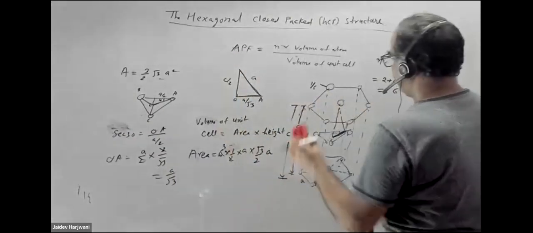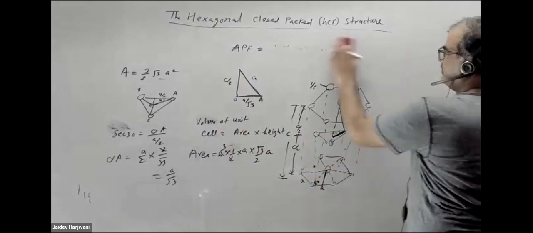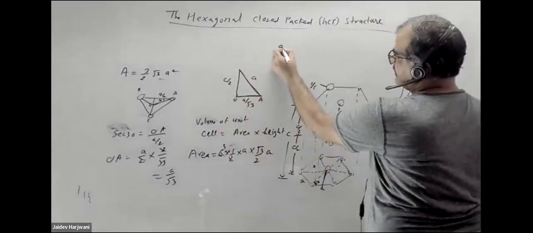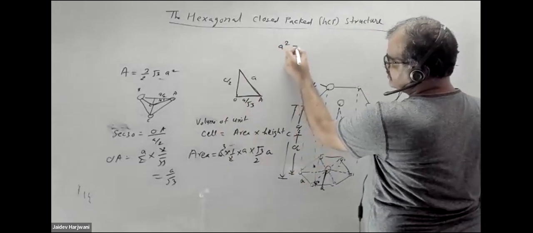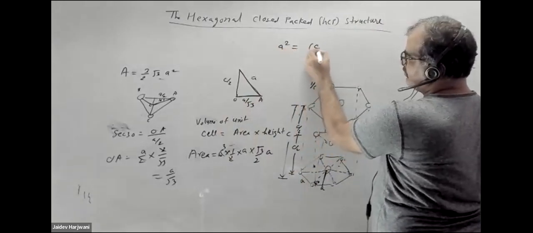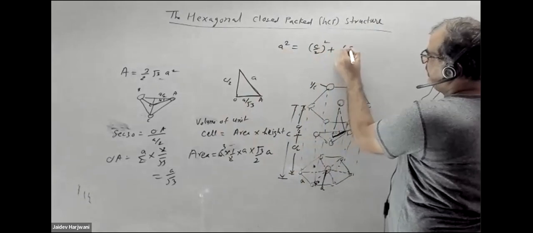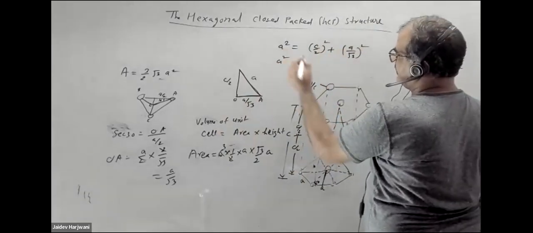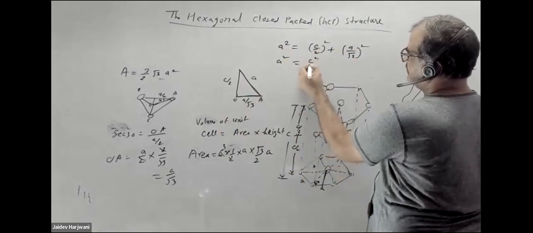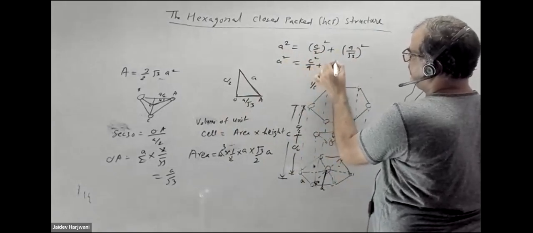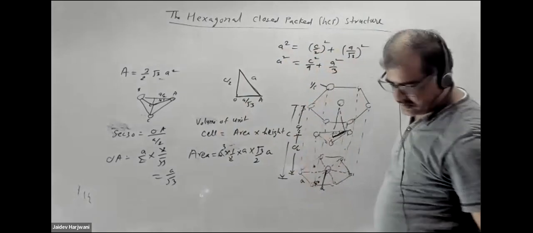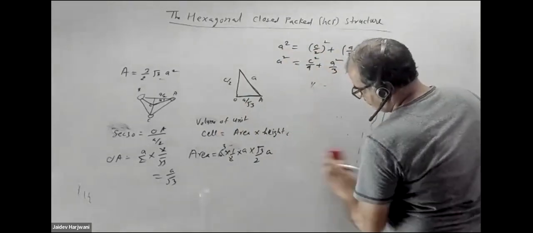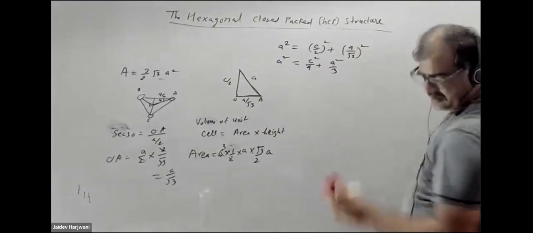Okay, so I am erasing this one. Now I can write a square equals c/2 whole square plus a/√3 whole square. This will give me a square equals c square by 4 plus a square upon 3, and this will give me the relation between a and c.